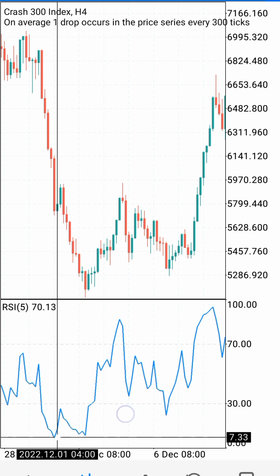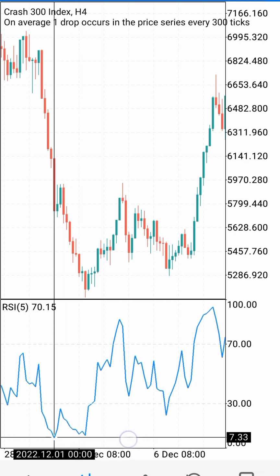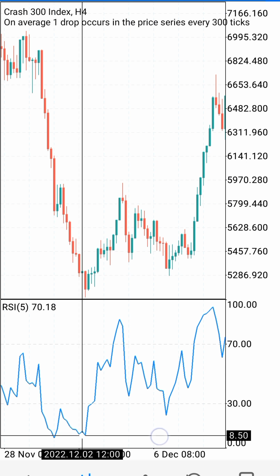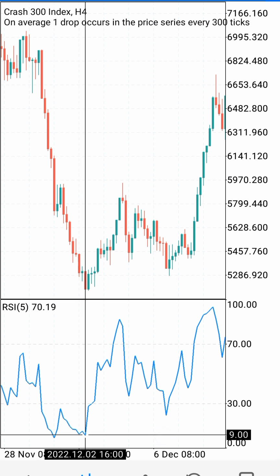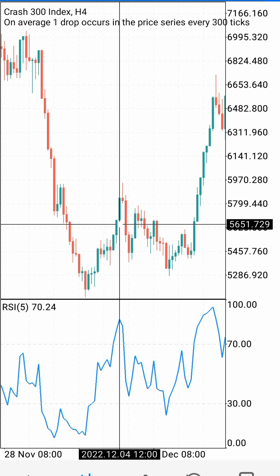You see again, this particular low is lower than this here. That is your signal to say no, let's go up. What? Your short. Now, what did the candle do here?